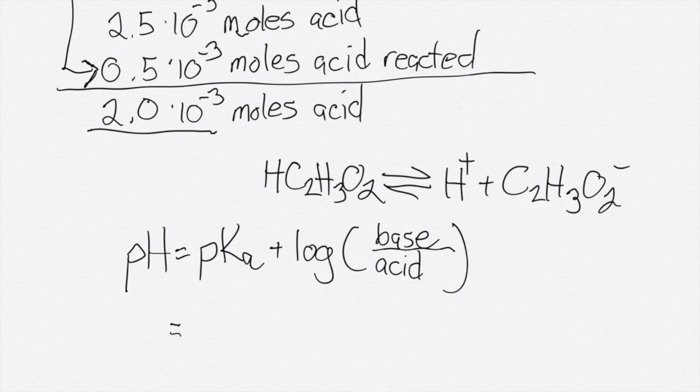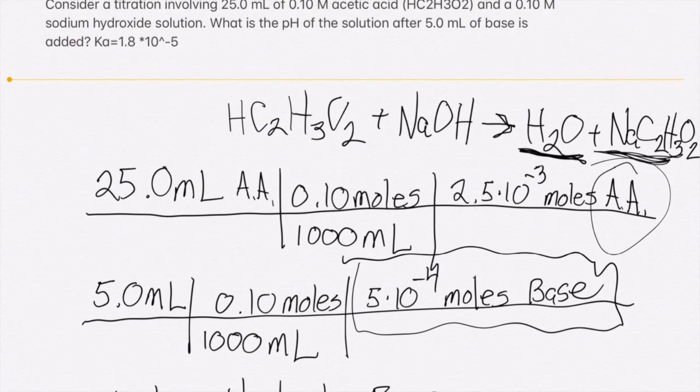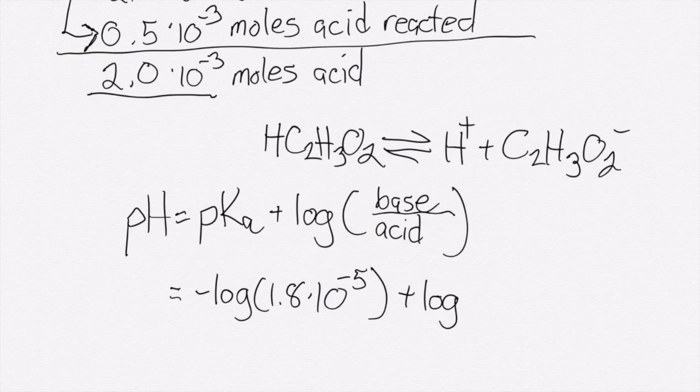So pH is equal to pKa, which is the negative log of Ka. If we go back to the beginning of the problem, we can see that our Ka value is 1.8 times 10 to the minus fifth. So, negative log of 1.8 times 10 to the minus fifth, plus the log of the base.